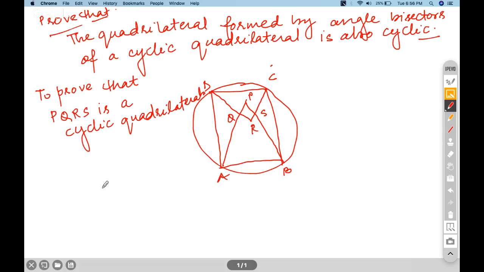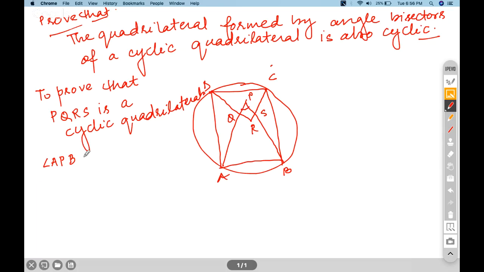If I want to prove that PQRS is a cyclic quadrilateral, what is the property of a cyclic quadrilateral? That opposite angles are supplementary to each other. So opposite angles will add and give me 180 degrees.